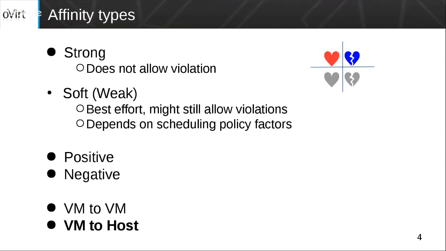We might still allow a VM to run with a VM or not to run with a VM, although we have an affinity group defined for it. Same goes for VM and hosts. We will also talk about scheduling policy factors with soft affinity later on, and we'll demonstrate that as well.